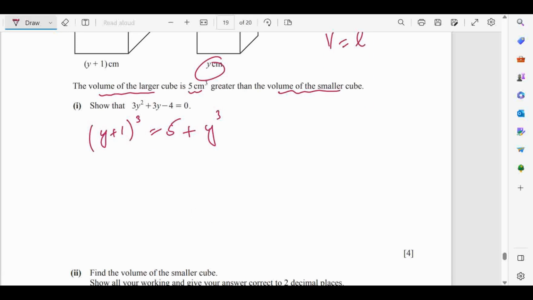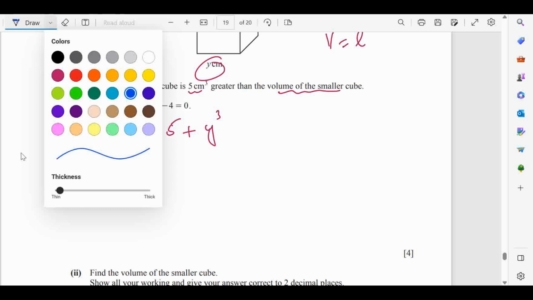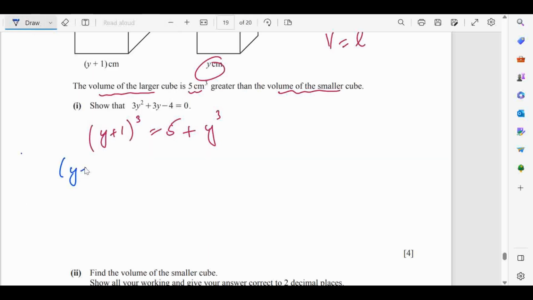Now we can use the identity over here, or we can write this portion as (y plus 1) into (y plus 1) whole square, is equal to 5 plus y cube.